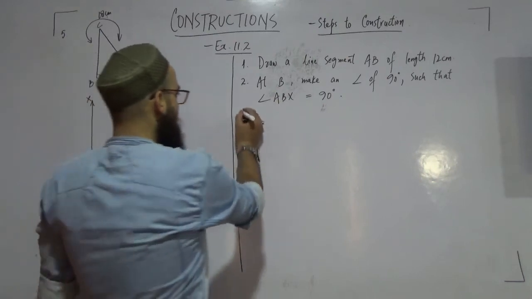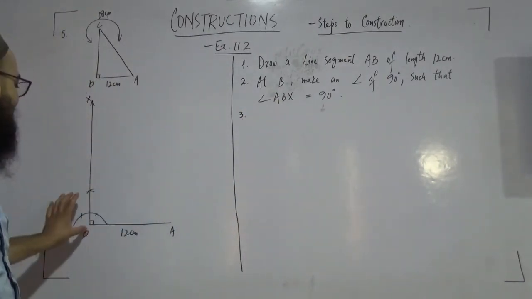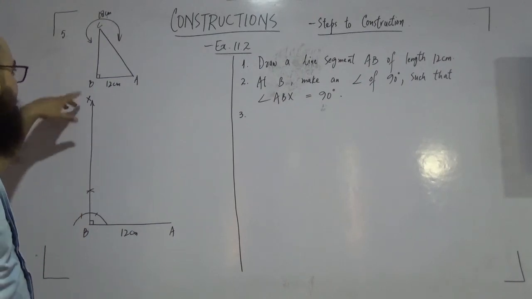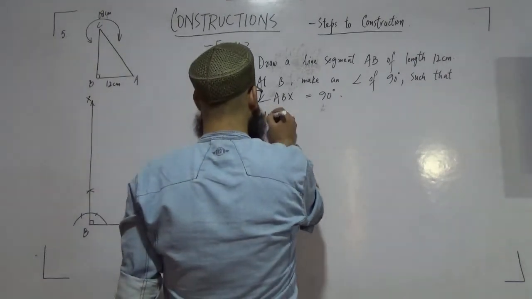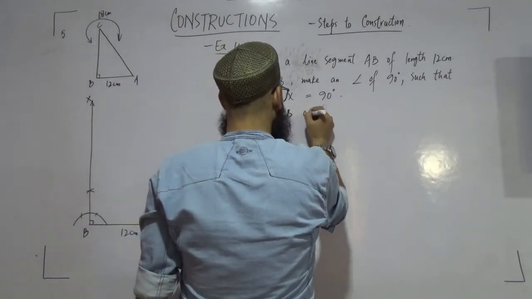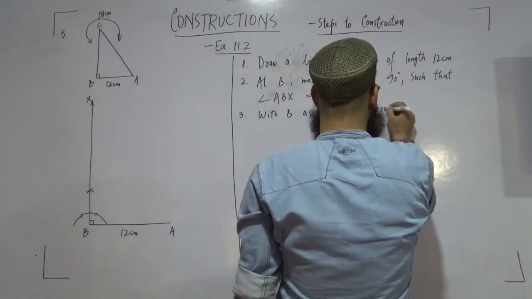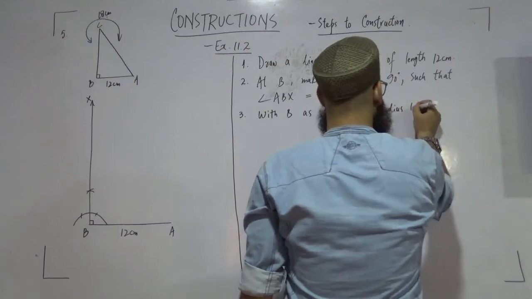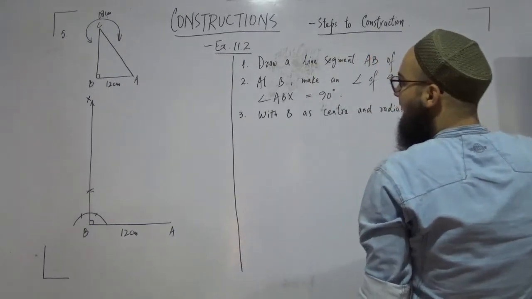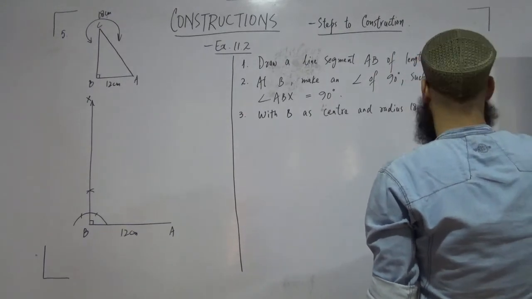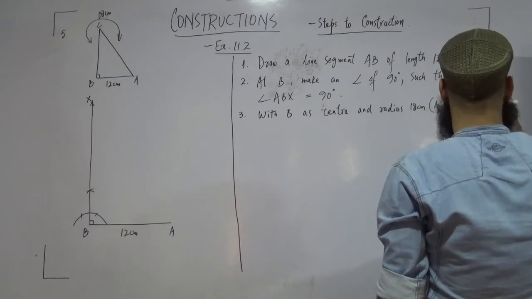Now, next step, with B as center and radius the sum of two sides, that means 18 centimeter. Why 18 centimeter? As AC plus BC is equal to 18 centimeter.